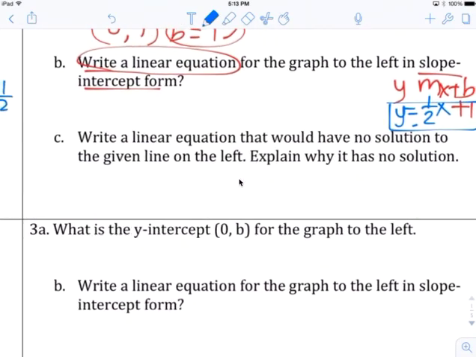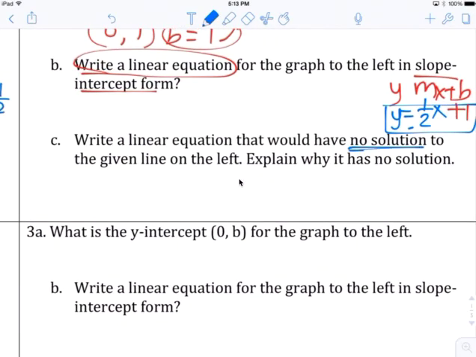Write a linear equation that would have no solution. No solution means the rate of change has to be the same. Or let's use the word slope, it's shorter.